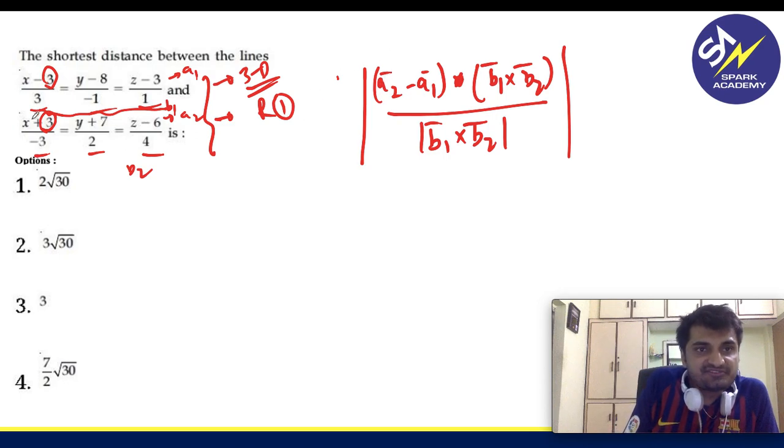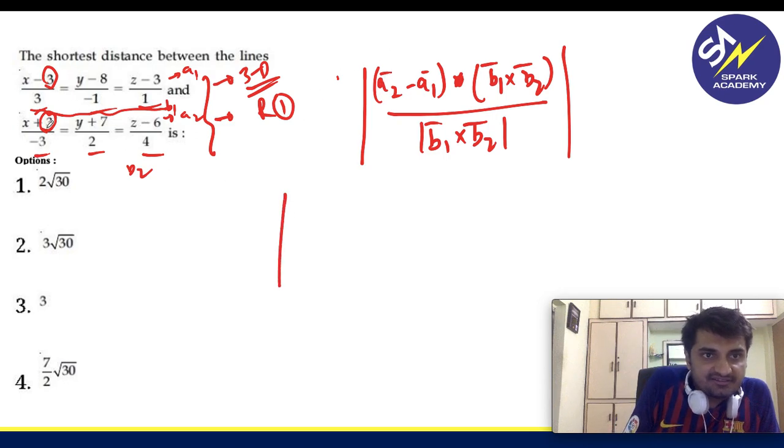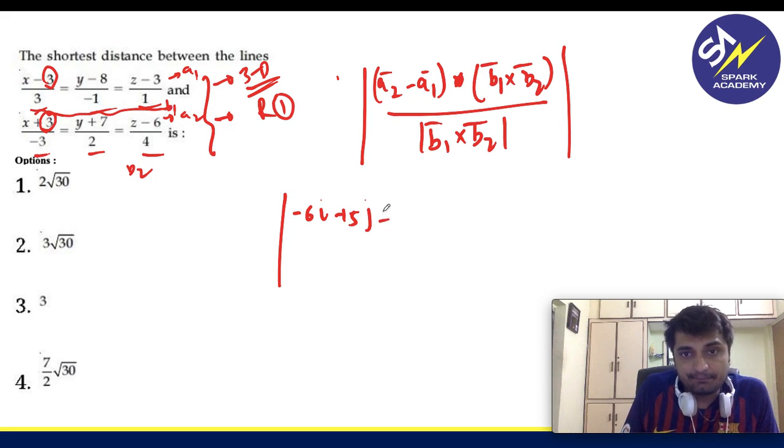So how do you do this? A2 minus A1 means the x term minus 3, like x minus x1, minus 3 plus 3. So this is minus 3 minus of 3, minus 6, right? This is minus 7 minus 8, minus 15, and 6 minus 3 plus 3k.